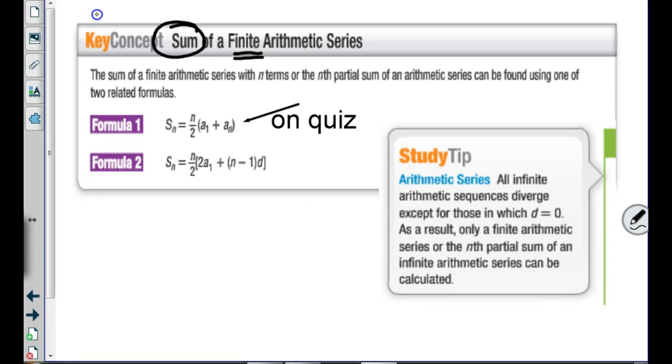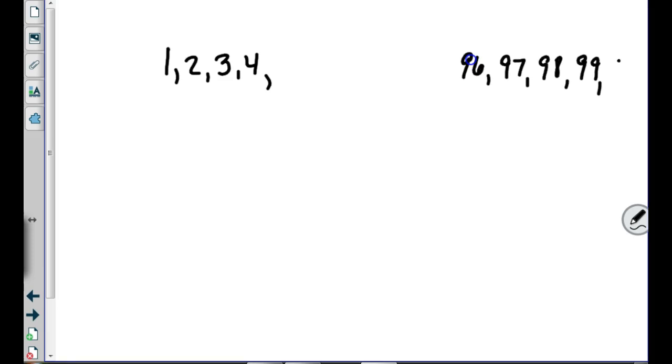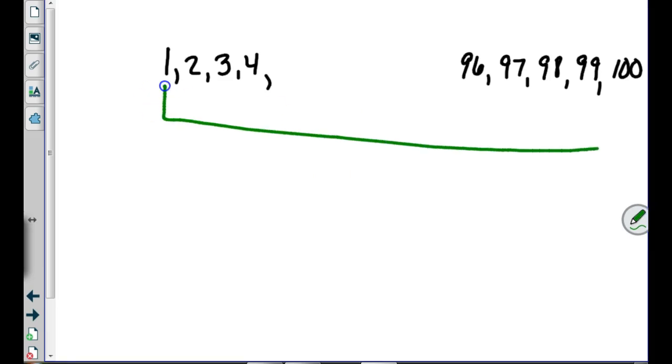If I asked you to add up the numbers from 1 to 100, how fast could you do it? Anybody know the trick? Okay, what's 1 plus 100? 101.